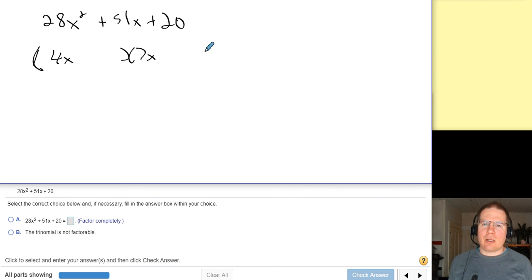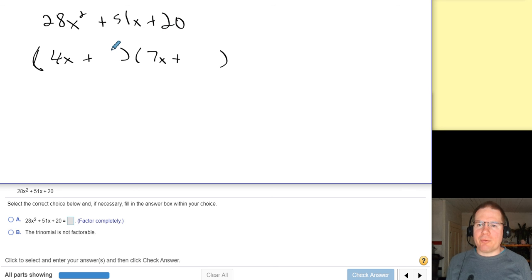4x and 7x linked with 4 and 5, right? Just like the previous example, I know that can't possibly be it. It might be 4x and 7x. We don't know yet. It's positive and positive, so that's all going to be positive.